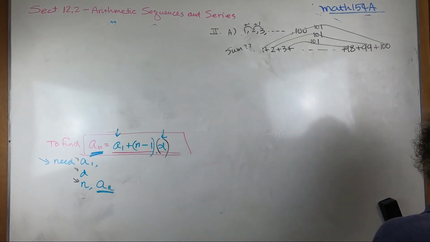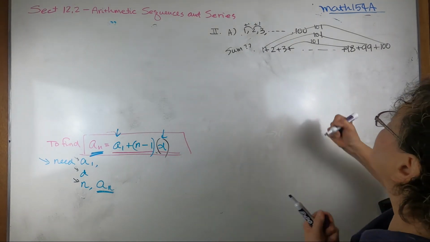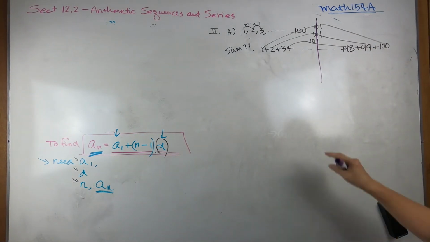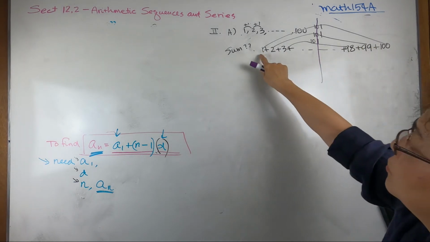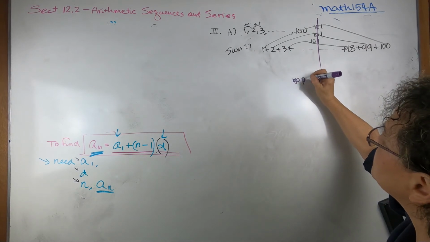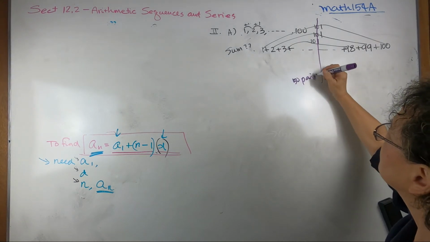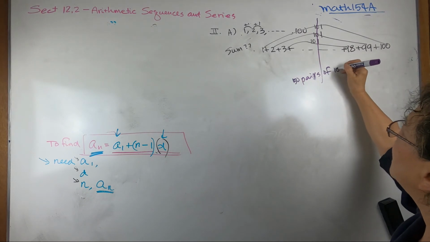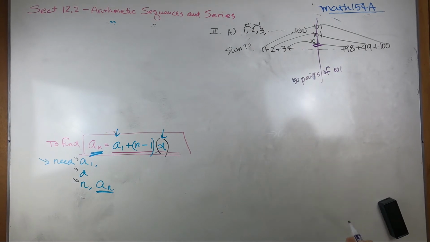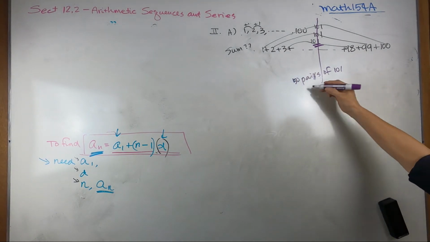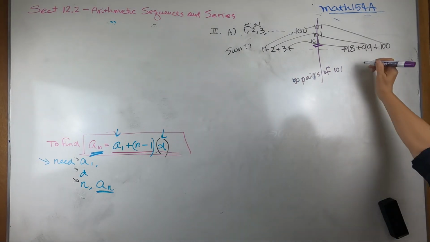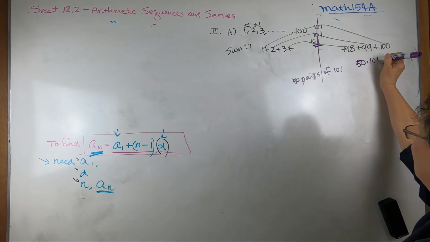If he pairs them up, how many pairs? Total of 100 numbers, so he has 50 pairs of 101. So he just says, 50 pairs of 101, that would be 50 times 101.